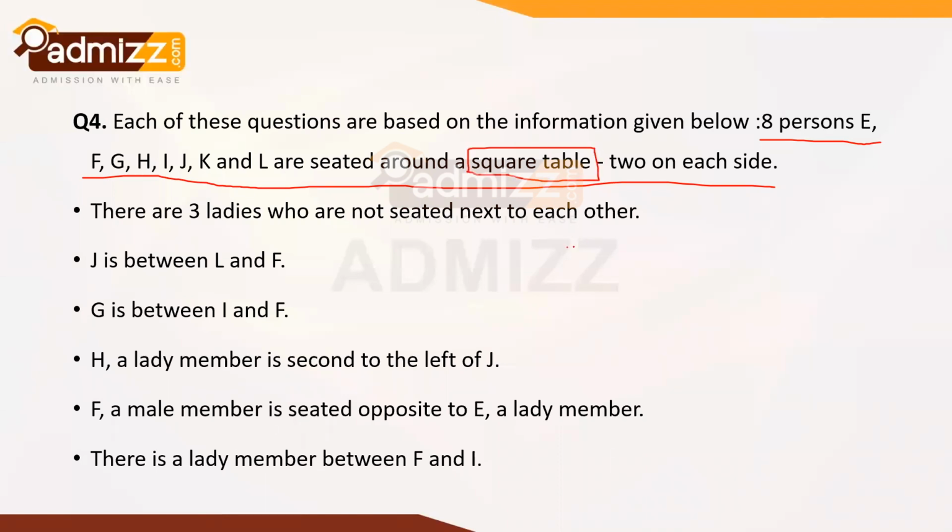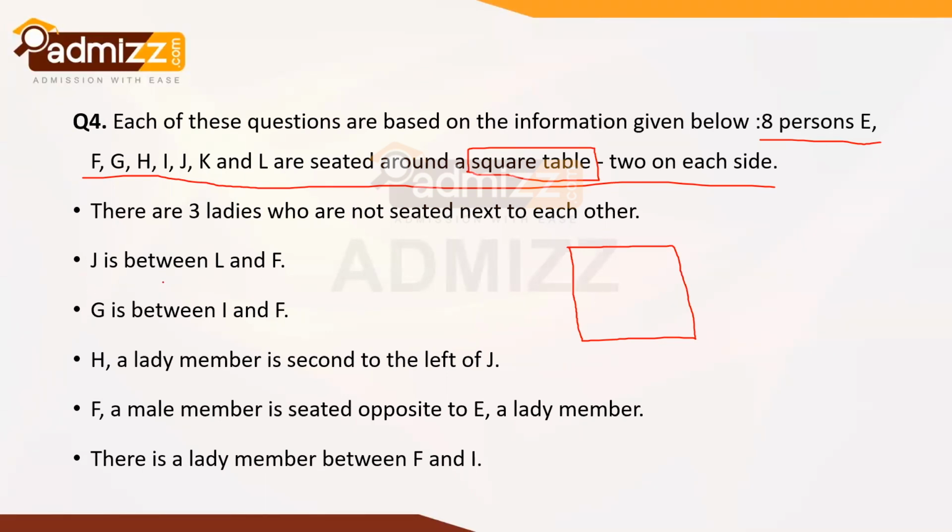So let's quickly make a square table first of all. There are 8 people, and 2 of them are sitting on each side.